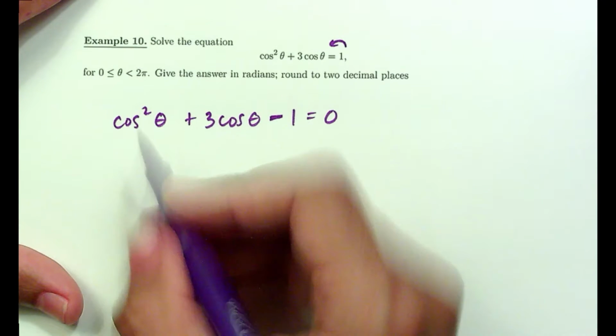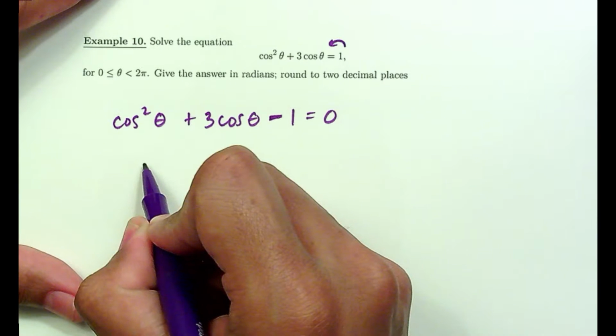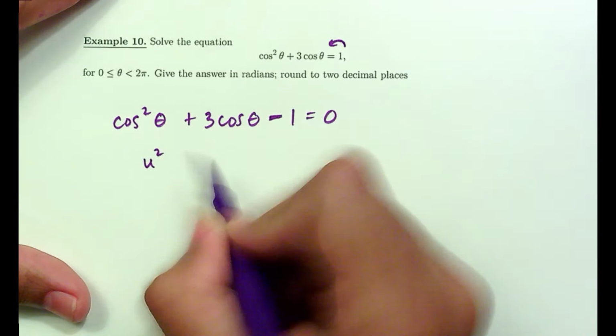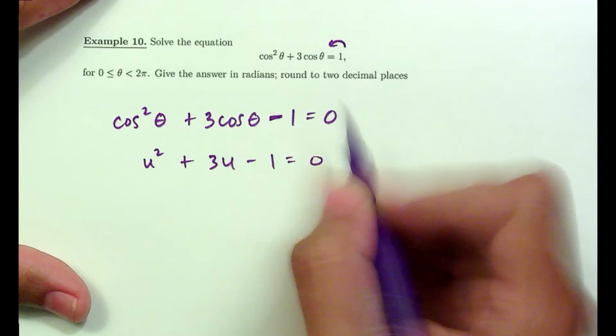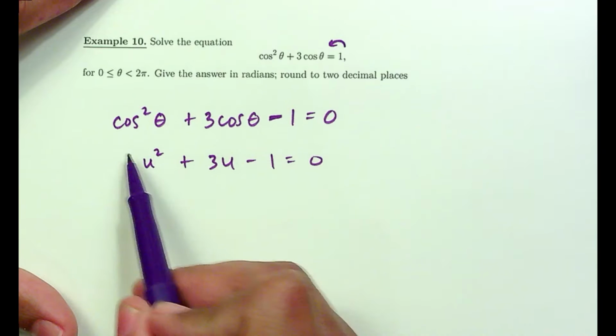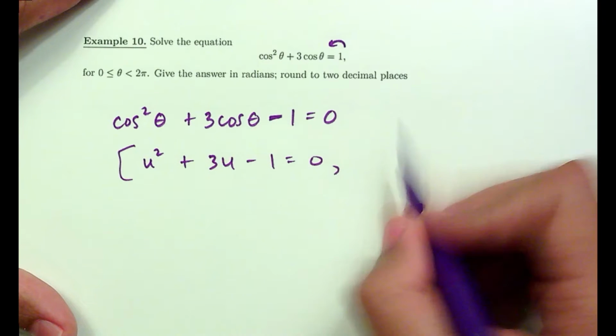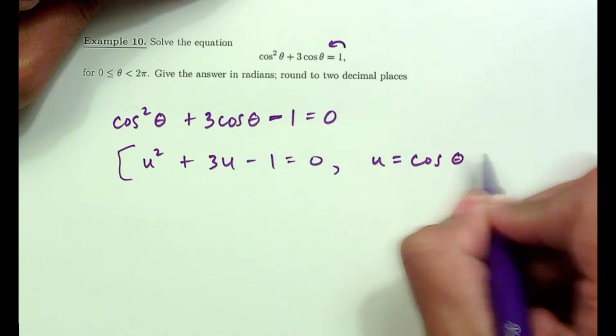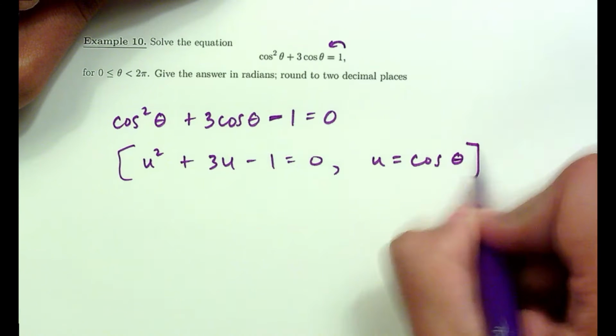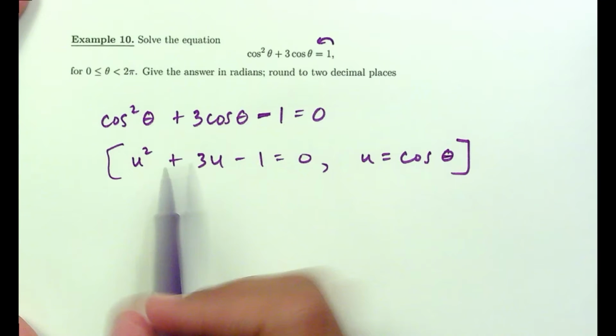So it's basically applying the quadratic formula to this quadratic polynomial right here. Right? So it's equivalent to solving this, where u equals the cosine. Okay, so let's apply the quadratic formula here.